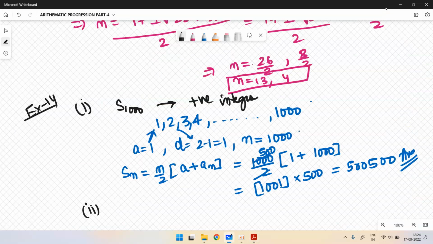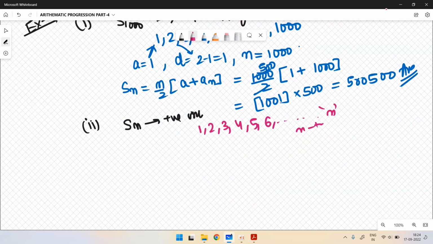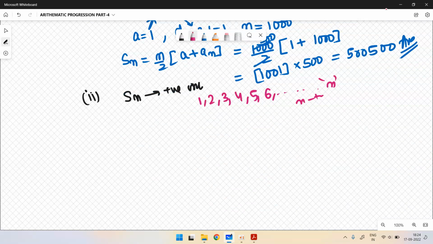The integers start from 1, 2, 3, 4, 5, 6 and so on, up to n terms, and the last term will be n. So what is the sum? The sum is 1 plus 2 plus 3 plus 4 plus dot dot dot till n.